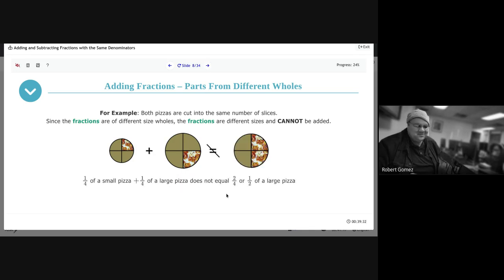Yeah, so that's what they're trying to say is that this small slice... No, try ordering from a pizza place and see how you react if you order a whole pizza and they cut it into parts and each slice is different.